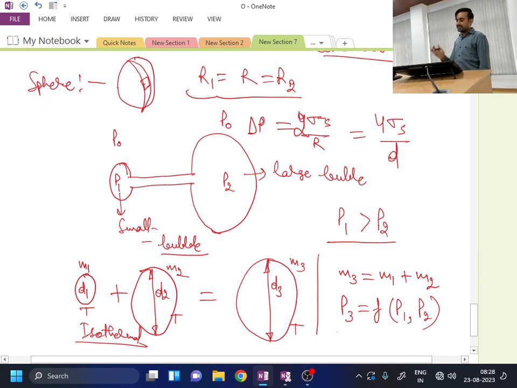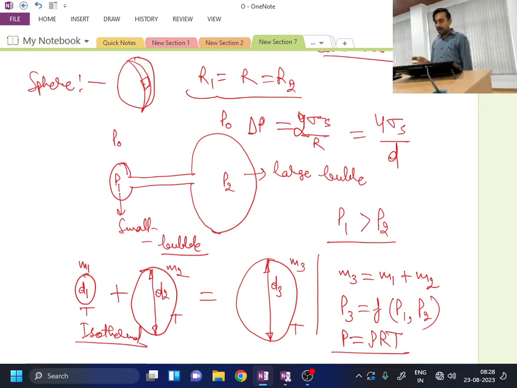Consider that the fluid present in all the bubbles obeys the ideal gas equation, P is equal to rho RT, and all the bubbles have the same gas present. Okay, so you have to determine the relation for P3 as a function of P1 and P2. Is this point clear?